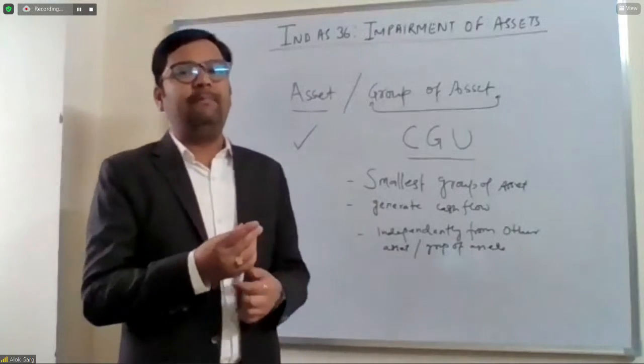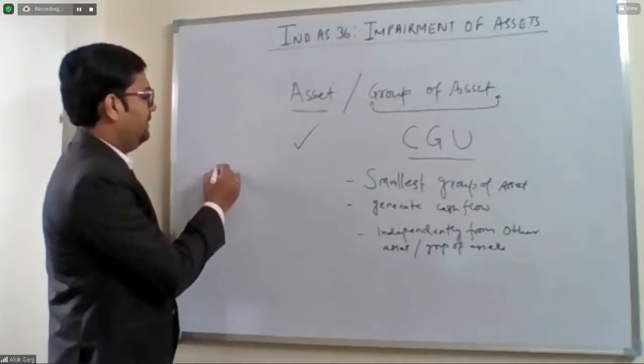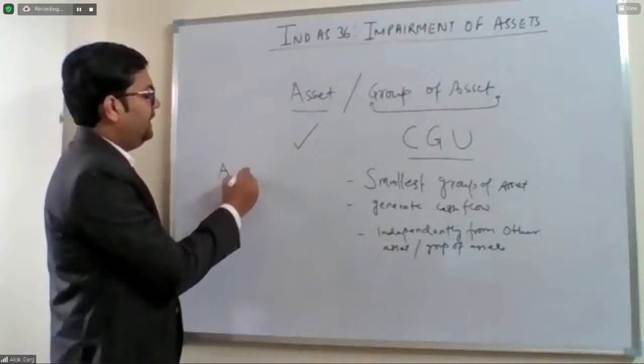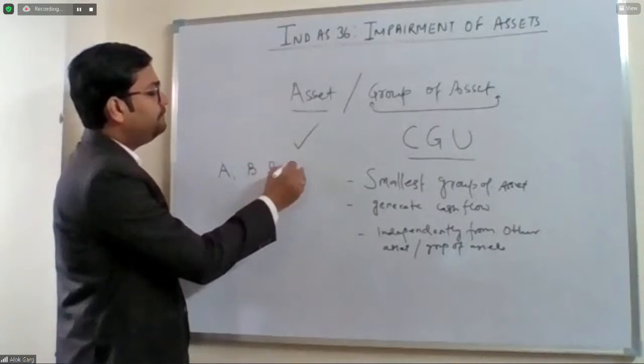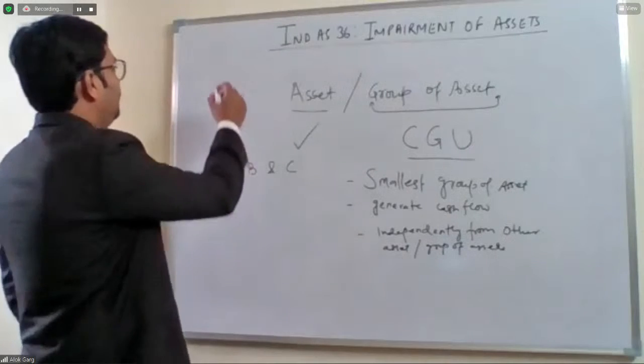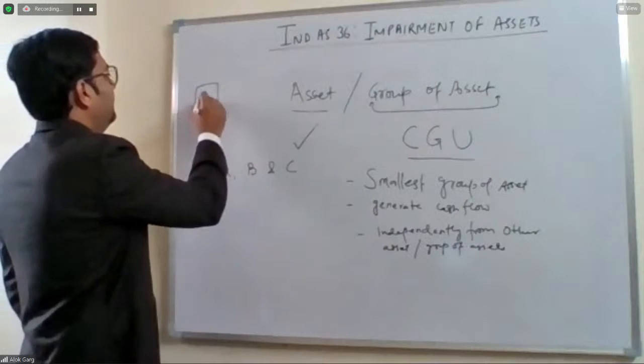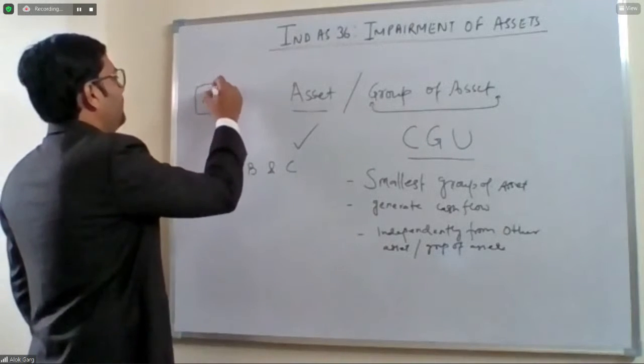Okay. For example, there are three machines: machine A, machine B, and machine C. Machine A is used to process the raw material.